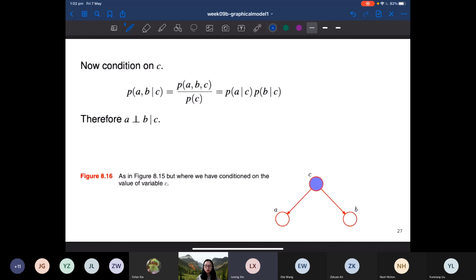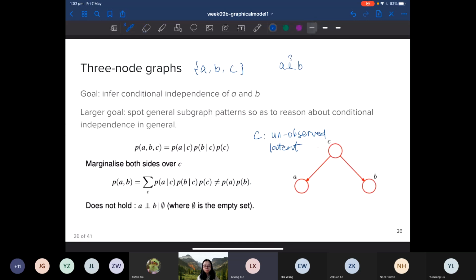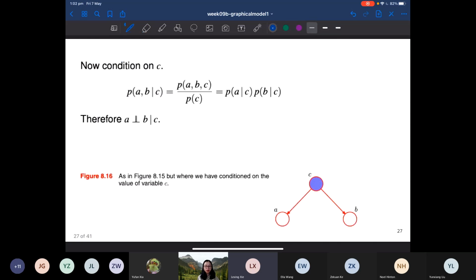We can use Bayes rule on this term, and use the factorization on this page, we can get that A and B are conditionally independent given C. So if C is the parent of both, A and B are conditionally independent given the value of the parent.